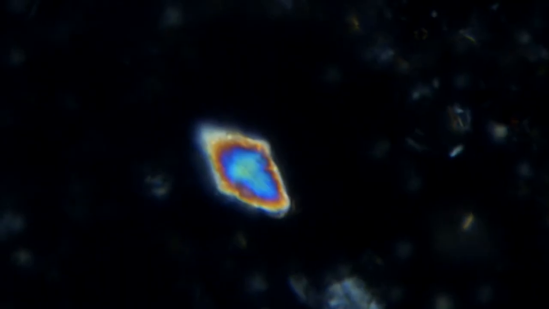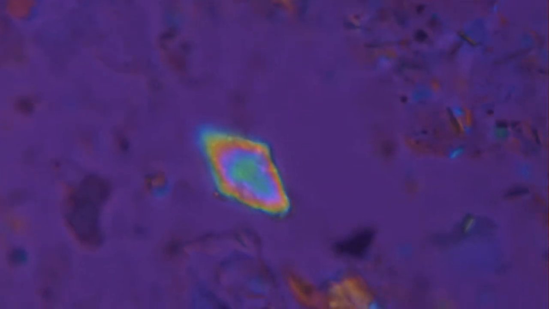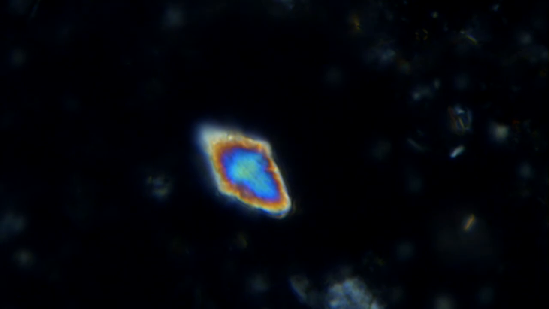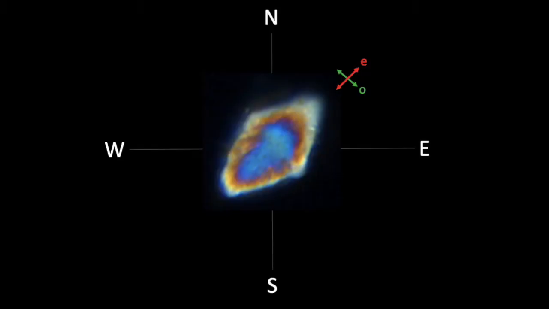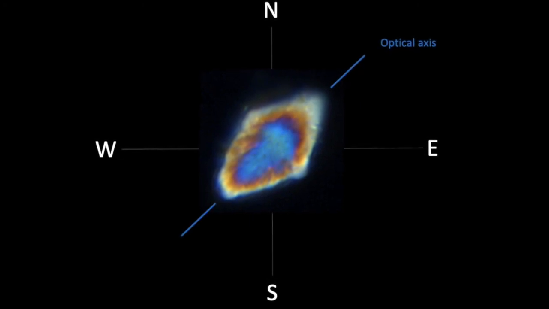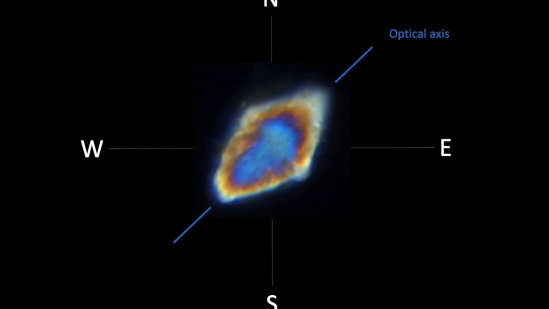In fact, it doubled its value and jumped from the first to the second order in the Michel-Levy chart. The thicker blue area also became a little brighter, because it jumped from the second order blue to the third order blue-green. In conclusion, the optical axis of aragonite of this element of Ascidian spicule is aligned with its length.